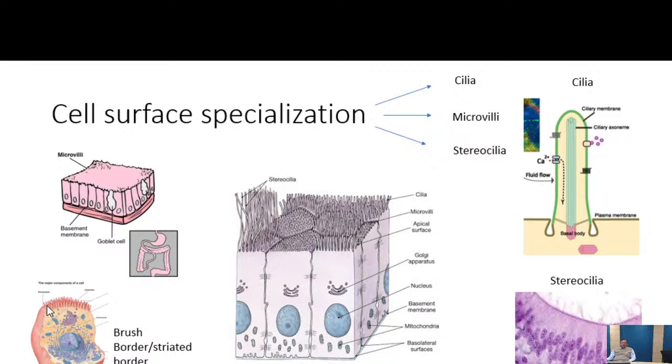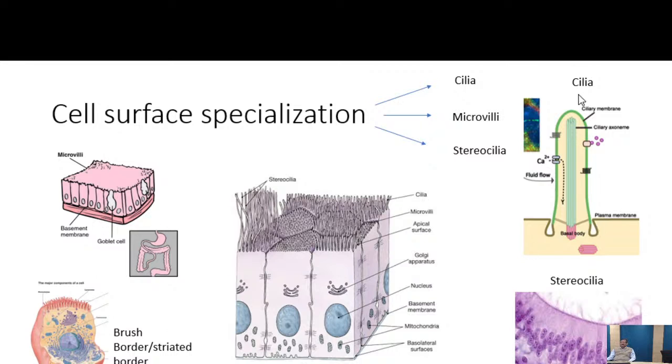They can increase the surface area almost 70 to 80 times. The best example where microvilli can be seen is in the intestines.